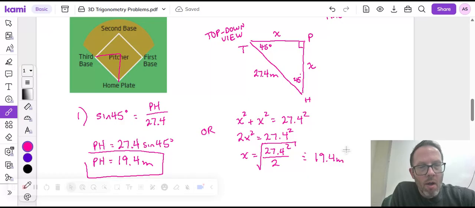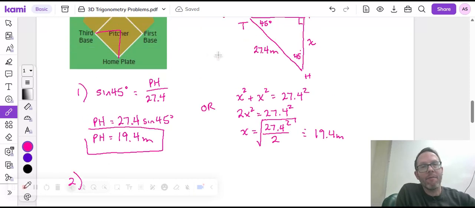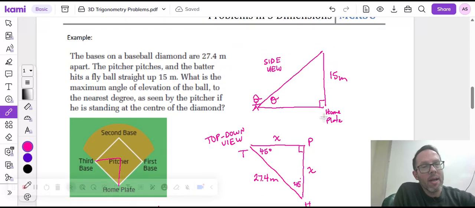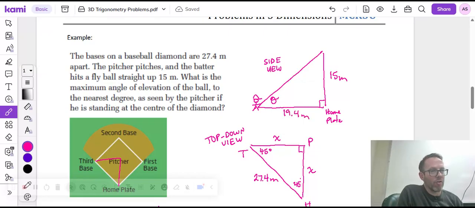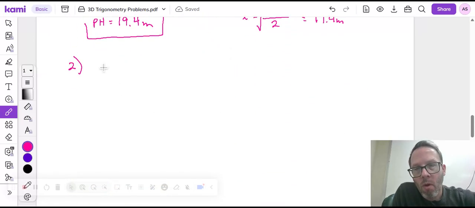Very cool. All right, let's wrap up the problem so you guys can get down to business. And so now looking at our side view, we now have this bottom side, 19.4 meters. We found that out. And so now it's just use the tangent ratio, opposite 15 over adjacent 19.4, and we're done. I'll even just quickly do it this way.